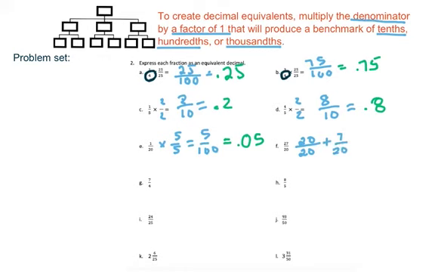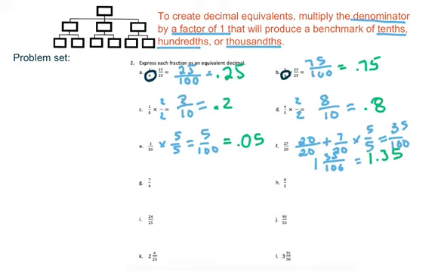Well, I know that 20 over 20 is 1 whole. So now 7 over 20. I want to get 20 to 100 because I can express my decimal in hundredths. So again, I'm going to multiply by 5 over 5. This would give me 35. So I have 1 and 35 hundredths. And if I write that as a decimal, that's 1.35.